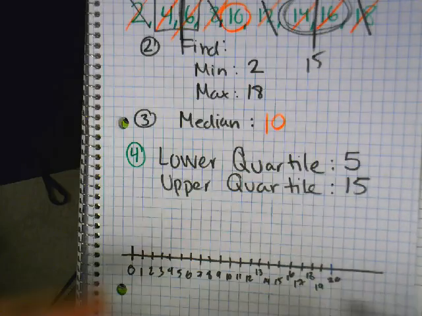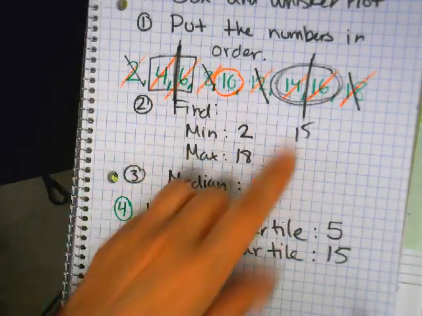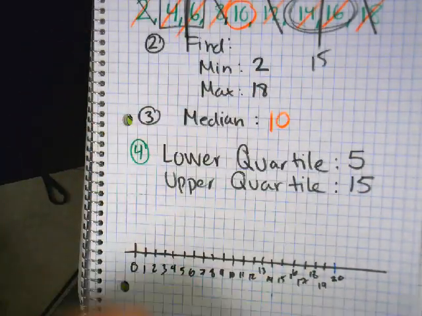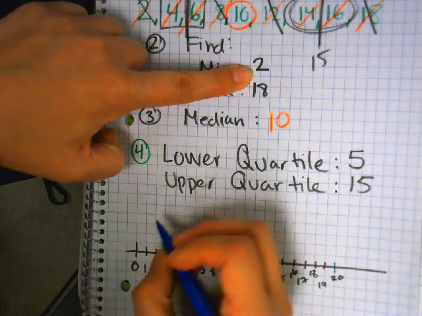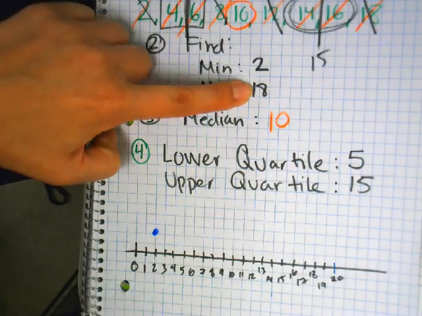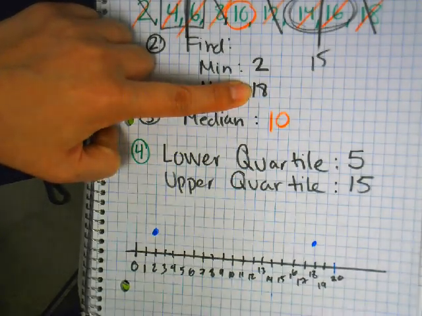Okay, now, all you're going to do, you're not going to put all of these numbers. What we're going to do is we're just going to put these numbers. We're going to use a dot. So on the 2, we're going to put a dot on the 2. 18, we're going to put a dot on top of the 18 like that. Okay?